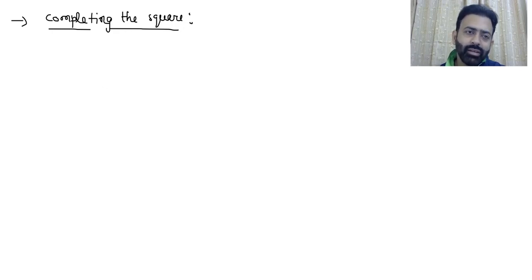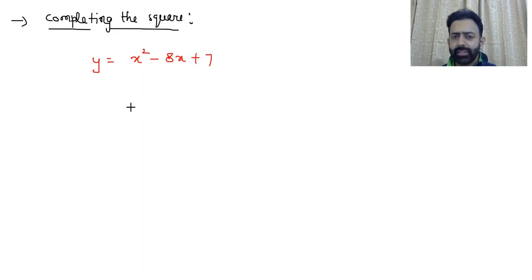So let us say we have a quadratic expression, let us take x square minus 8x plus 7. Let us take this, right? And you need to write this quadratic expression in completing the square form.